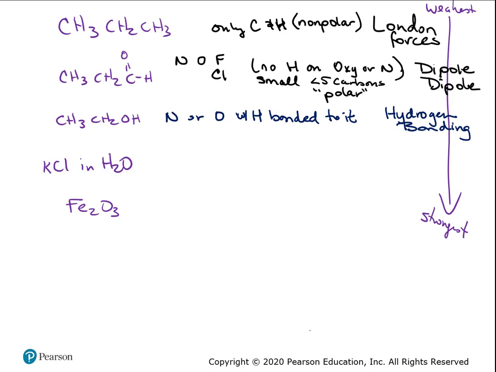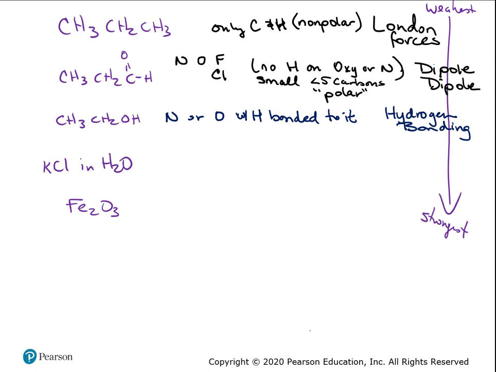Even carboxylic acids can do that hydrogen bonding. Anytime you have an oxygen or a nitrogen that has a hydrogen directly connected to it. And this is going to create a molecule that's much more attracted to other molecules around it.